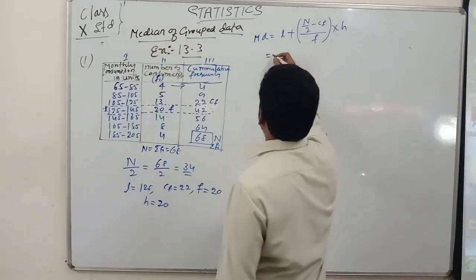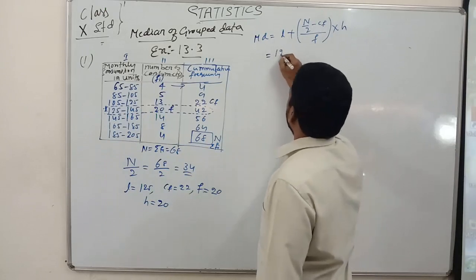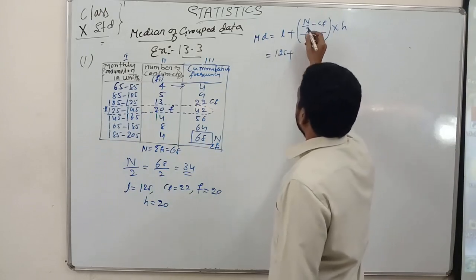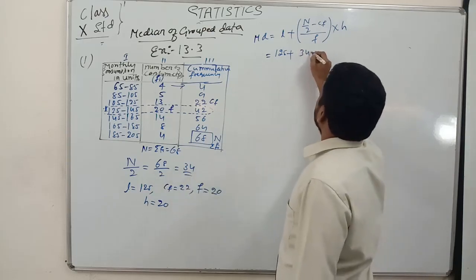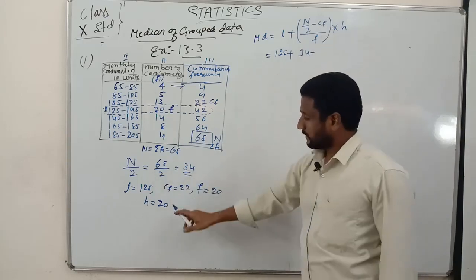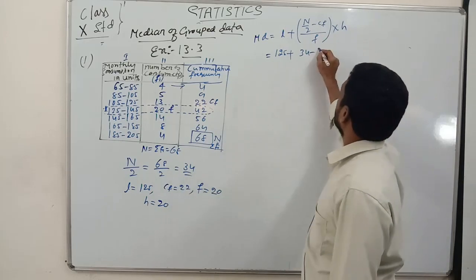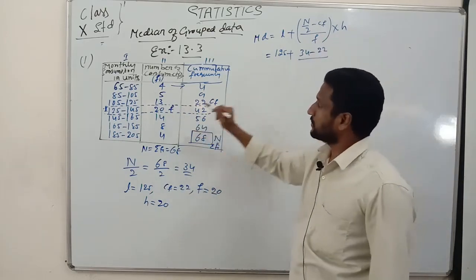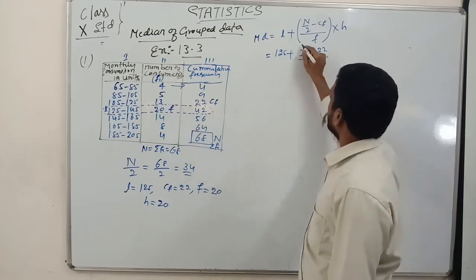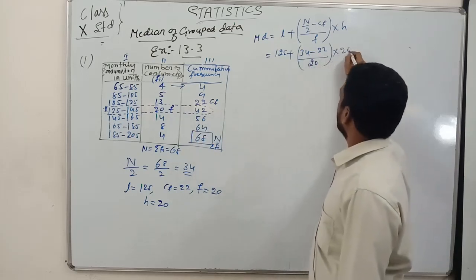So these values are substituted in the given formula. Median is equal to L, what is the L value? 125 plus N by 2 value, already simplified, that is equal to 34, minus CF value, the cumulative frequency 22, divided by F value, the corresponding frequency 20, into H value, again 20 here.